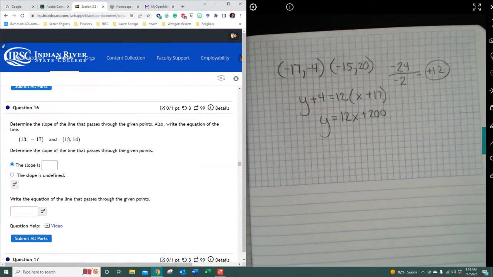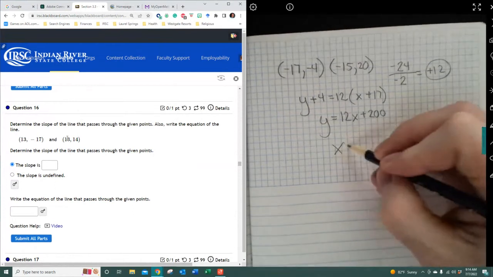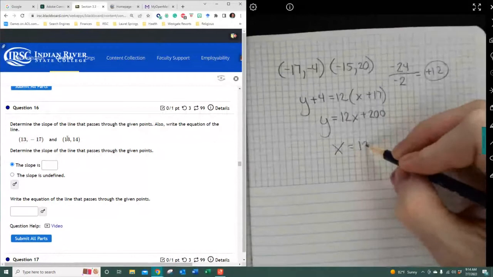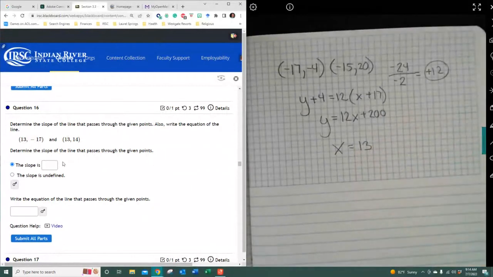So our equation for this would be x equals 13 whenever you're given undefined slope. The equation starts with x equals and whatever values are repeating here. See how easy that is?